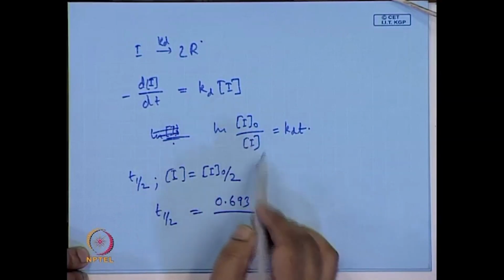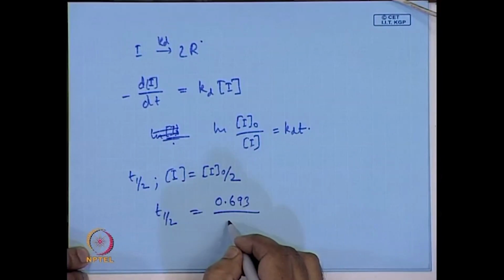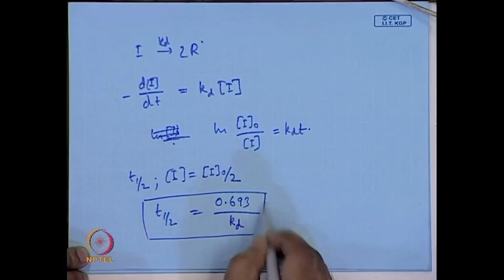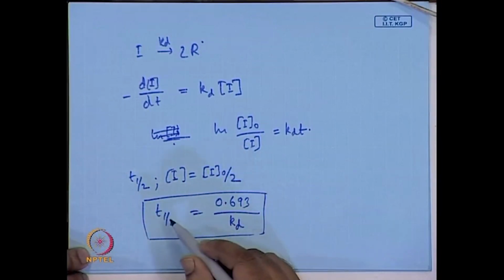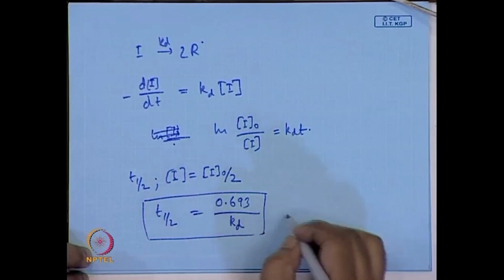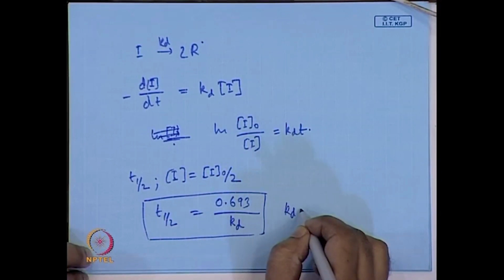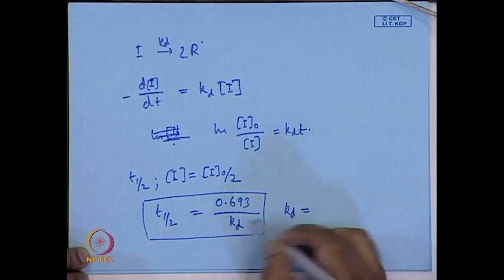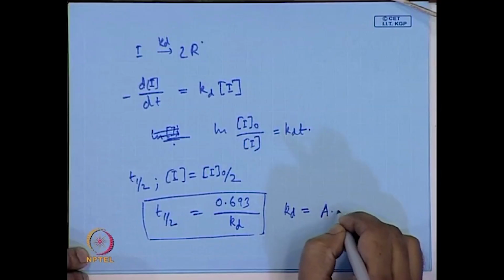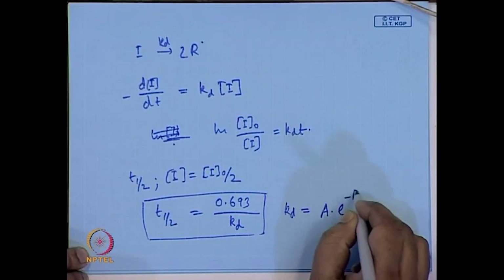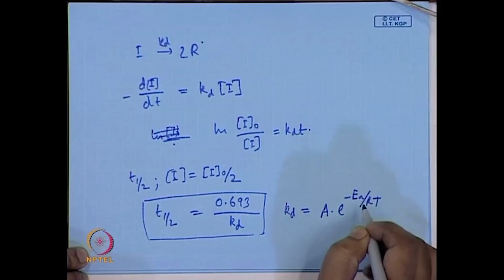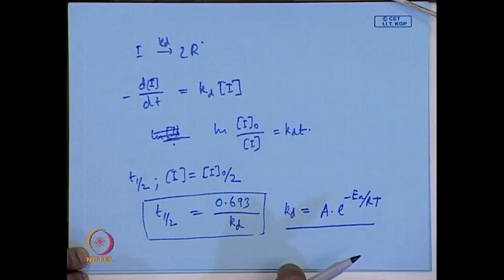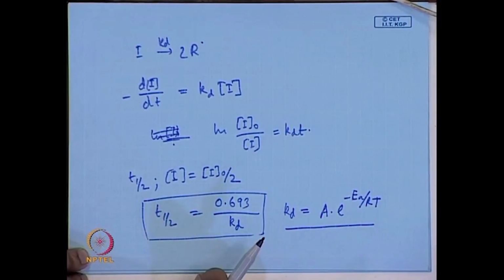So, from the dissociation constant you can get the t half value, and this dissociation rate constant also depends upon the temperature where you are doing your reaction.